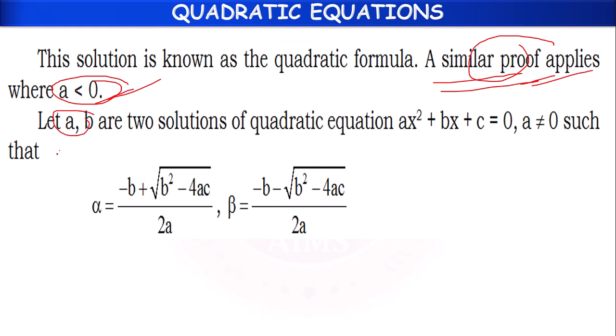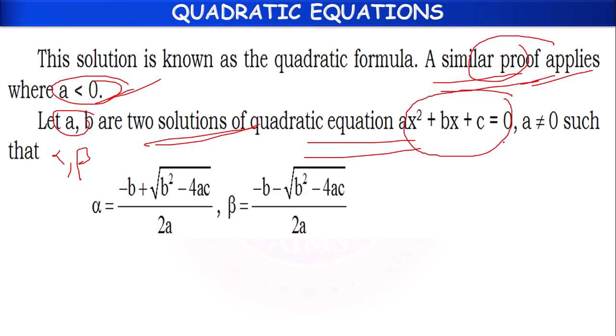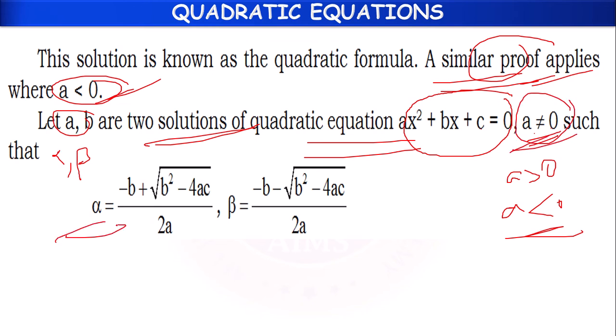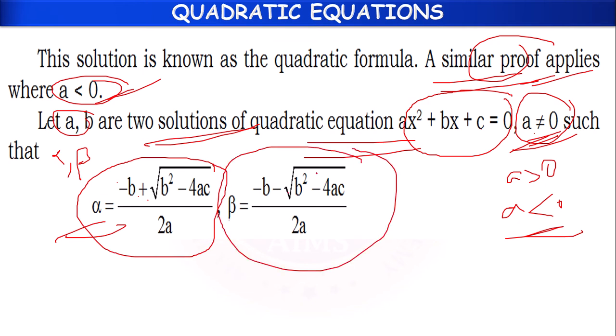If alpha, beta are the solutions of the quadratic equation ax square plus bx plus c equal to 0, where a is not equal to 0, a may be greater than 0, a may be less than 0, but not equal to 0, then alpha equals minus b plus root of b square minus 4ac by 2a, and beta equals minus b minus root of b square minus 4ac by 2a.